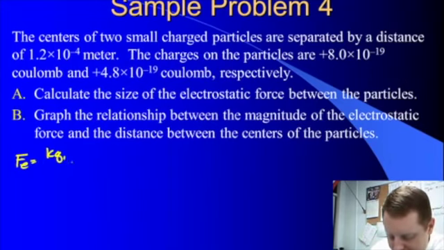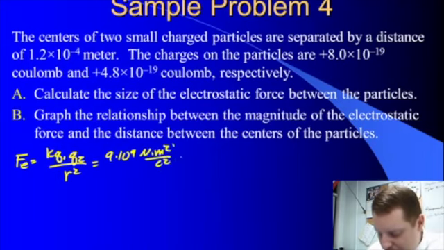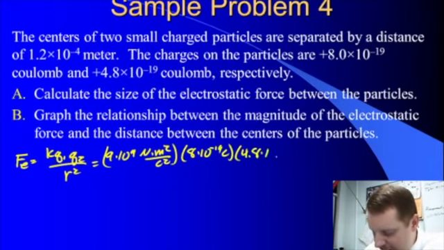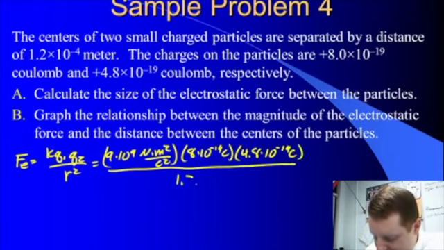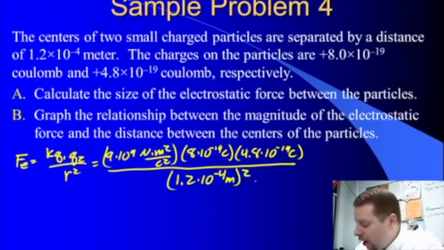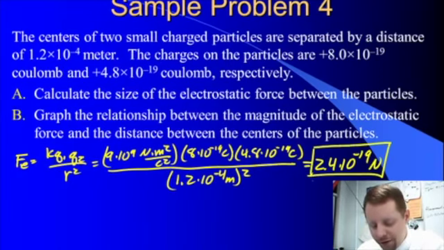Fe equals K Q1 Q2 over r squared, or 9 times 10 to the 9th newton meters squared per coulomb squared, times our first charge, 8 times 10 to the minus 19 coulombs, times our second charge, 4.8 times 10 to the minus 19 coulombs, all divided by the square of the distance between them, 1.2 times 10 to the minus 4 meters squared. Run through that calculation, and I come up with a force of about 2.4 times 10 to the minus 19 newtons. So there's the size or magnitude of our force.